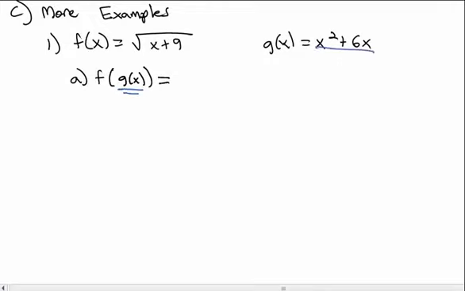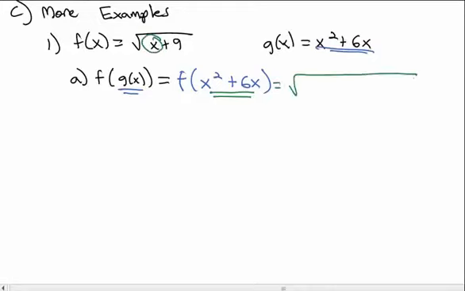So again, g of x, the inside stuff, inside of the f function, is that x squared plus 6x. So we're going to take that stuff and stick it into the f function, into the square root of stuff plus 9. And that stuff is x squared plus 6x.